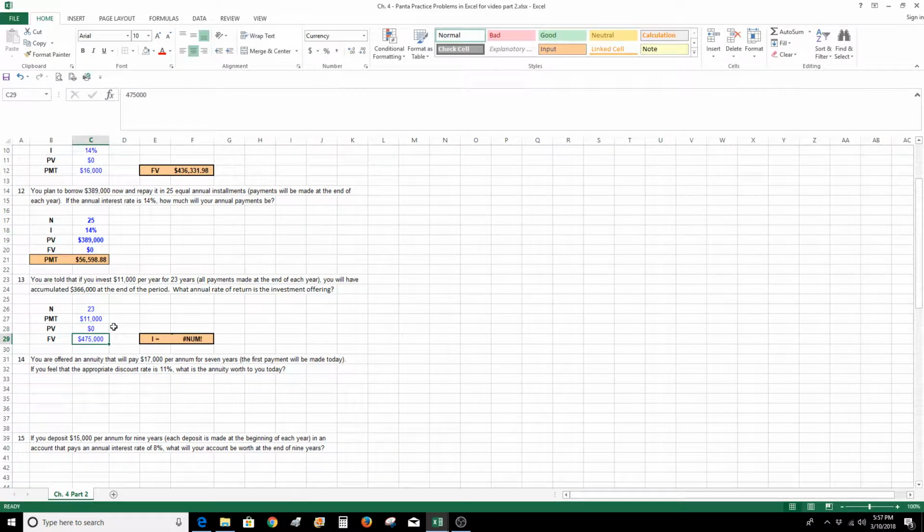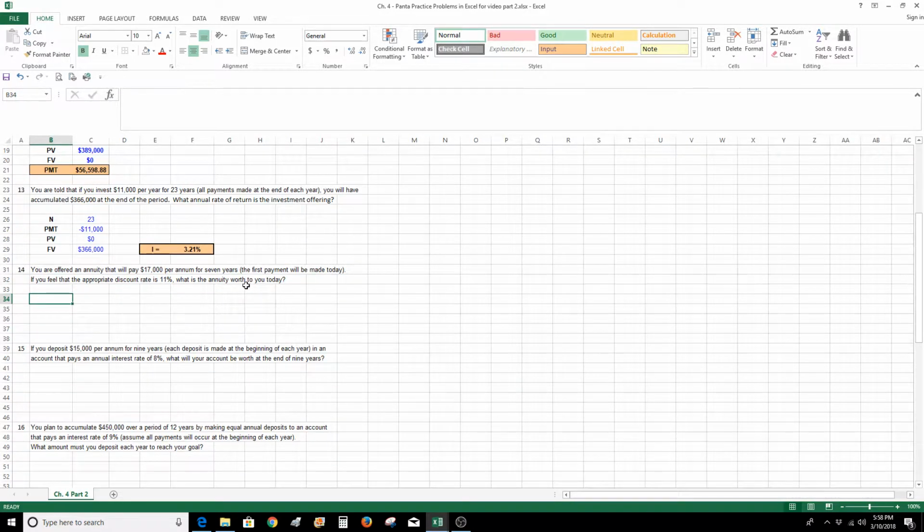You will have accumulated $366,000 at the end of the period. What is the annual rate of return? So you see where it gave me an error message on the I. That means that I need to make sure that I put a negative sign in front of the payment. So that changed to an interest rate of 3.21%.